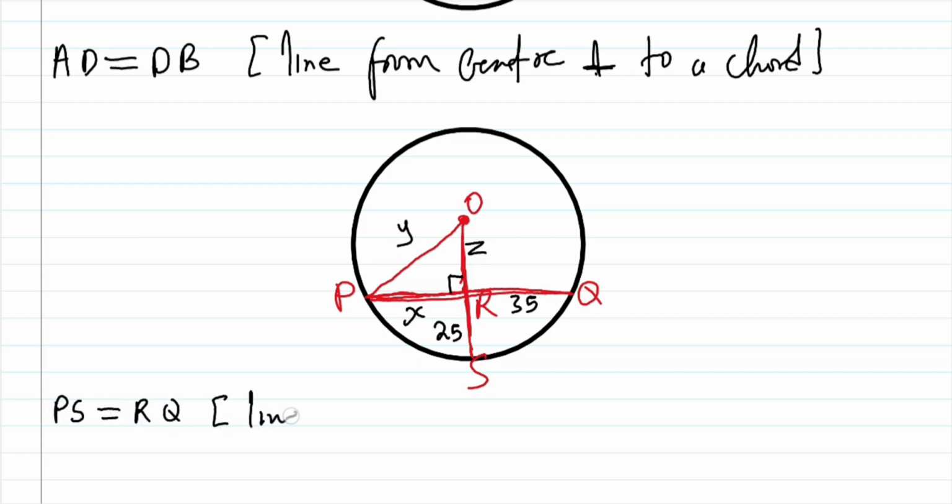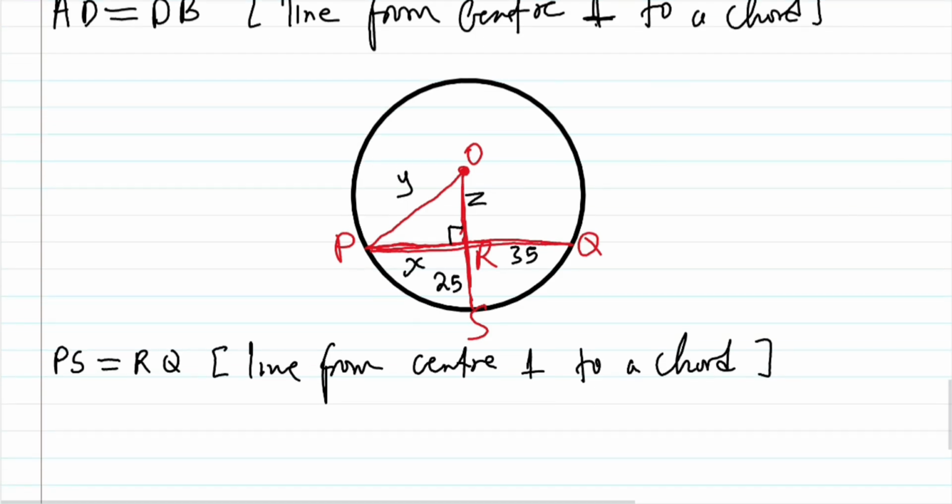So PR is X, and RQ is 35 units. So that's the value of X.